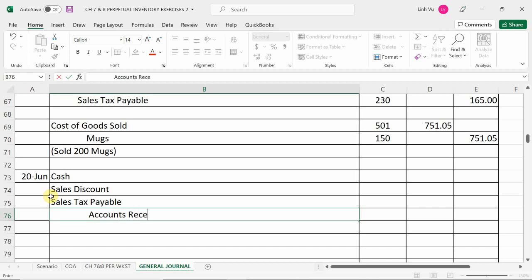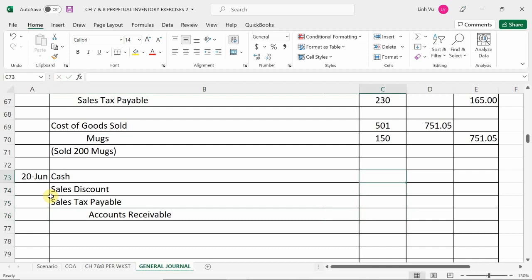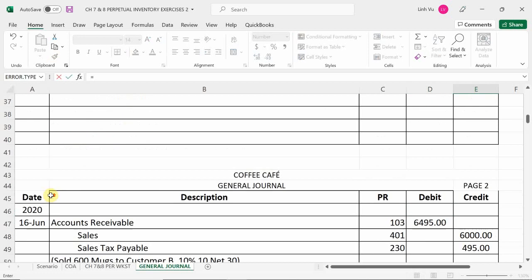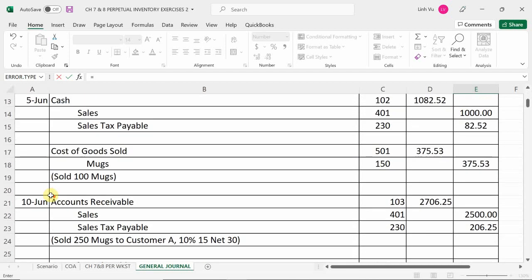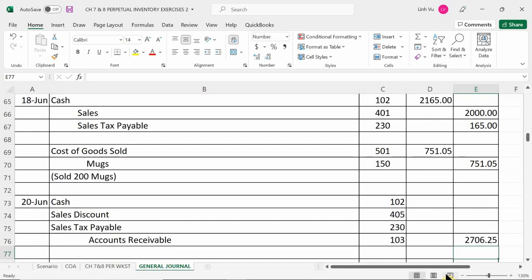So in this case, they don't owe me any more money. Okay. So that should be cash 102, sales discount 405, sales tax 230, and accounts receivable 103. Okay, so we know for a fact that at the end of the day, customer A owes me a total of $2,706.25. Okay, that's how much customer A owes me.